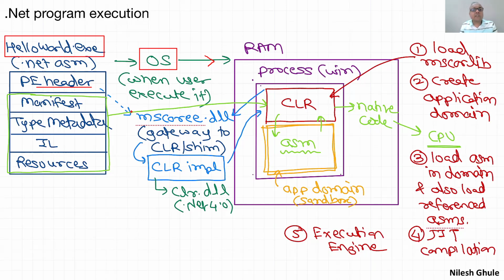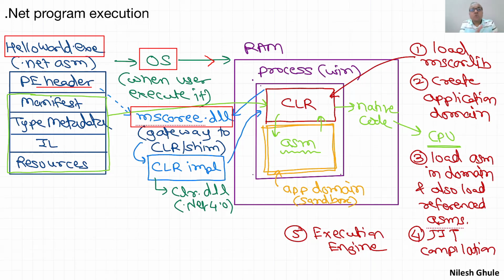That entry point over here is mscoree.dll. Let me tell you the full form: Microsoft Component Object Runtime Execution Engine DLL. Is this the CLR? No, it is not the CLR, but it is your gateway to the CLR. It is the one responsible for loading the CLR.